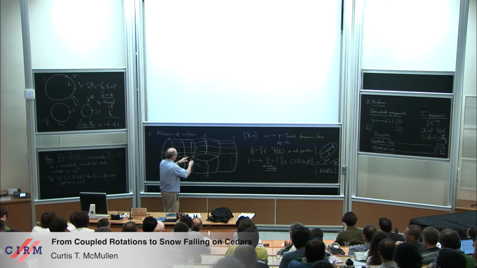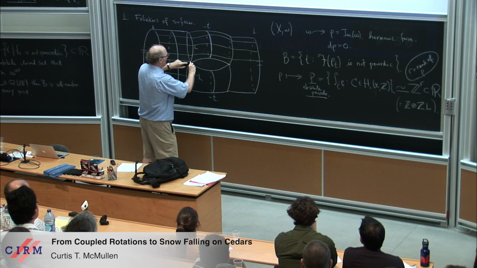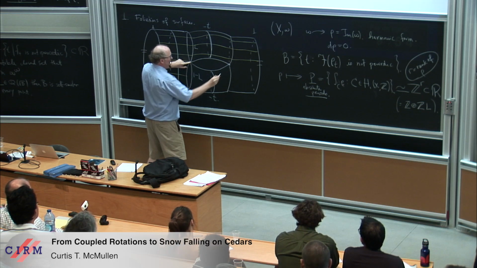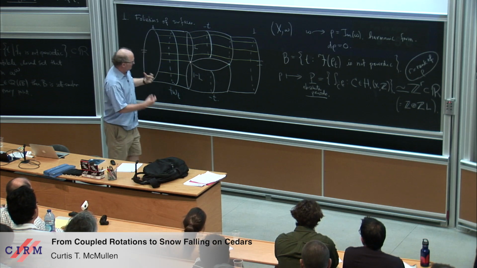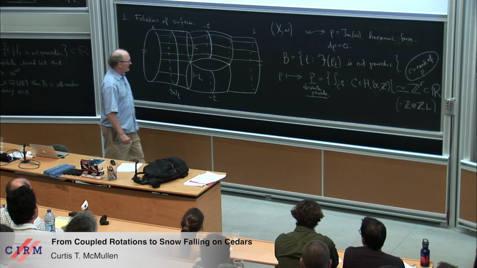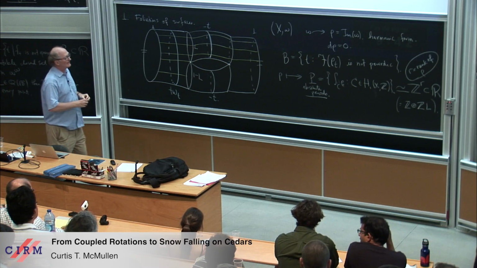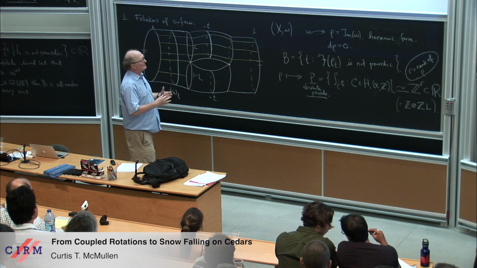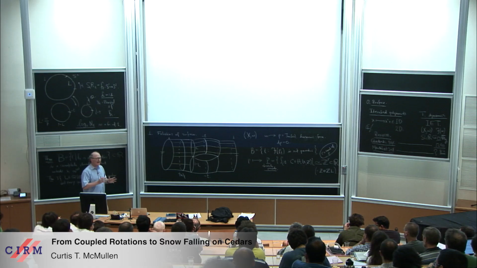Where you get deformations are in the relative periods of rho. That is, if you integrate along a path that goes between the two zeros of the form, namely these two branching points of the surface, then that integral can change, but the integrals along closed cycles remain the same. So this is a family of harmonic forms with fixed absolute periods.